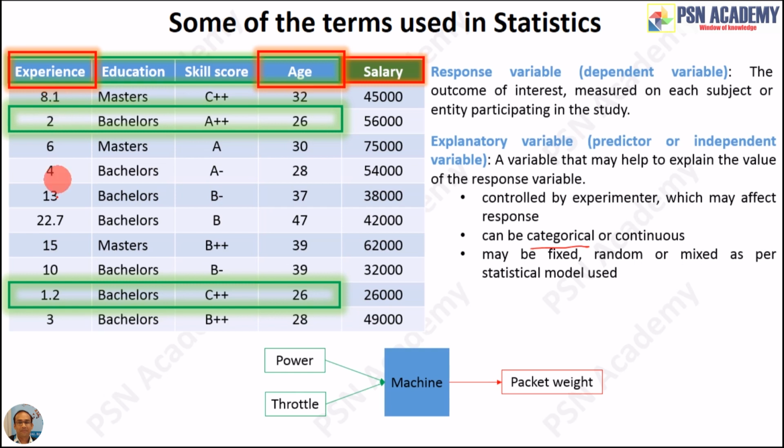So you can see 8.1, 22.7, and here there are numbers. So experience and age are continuous type explanatory variables, right? Now the explanatory variable may be fixed or random or mixed as per the statistical model used. So the data may be fixed, or you can generate the values in a random fashion to feed the input values to a system. It depends upon the statistical model you're using.